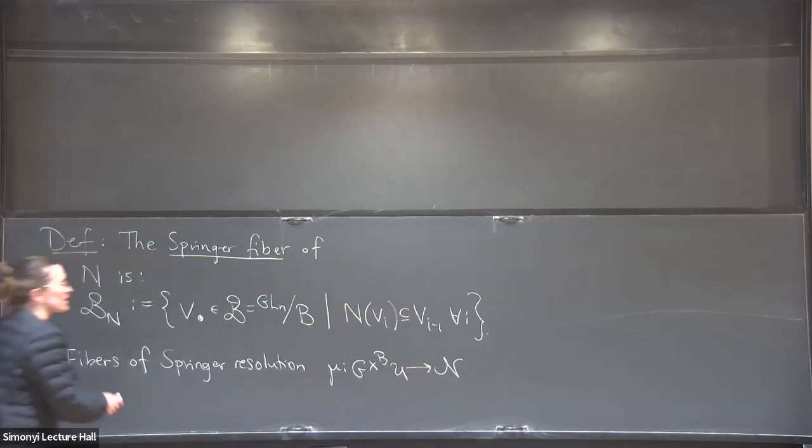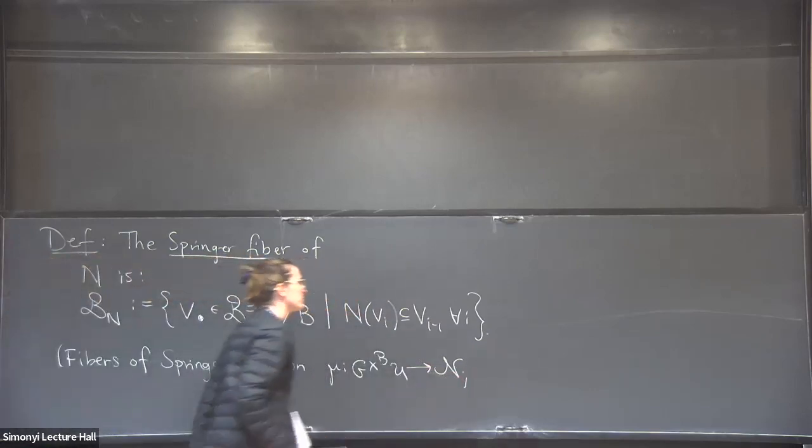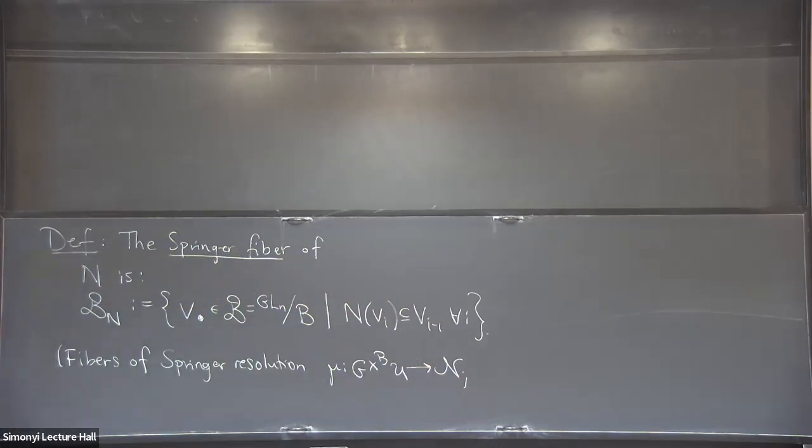Actually, another one that I wanted to mention, because Melissa said the words Lusztig variety, is that another realization of a Springer fiber is as a special example of a Lusztig variety. I'll use the same notation that she did. I'll use H here. If you did the Lusztig variety, remember, you could put any element of the Weyl group you wanted to here. So why not take the identity?